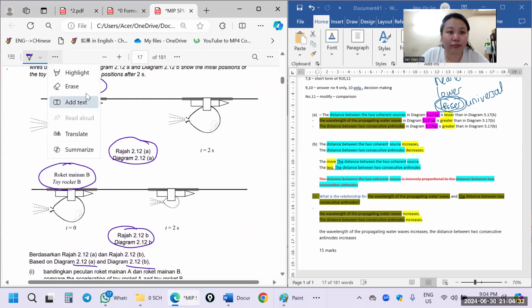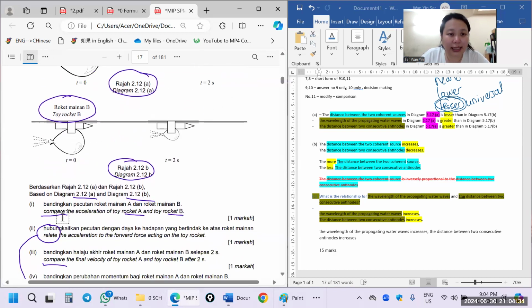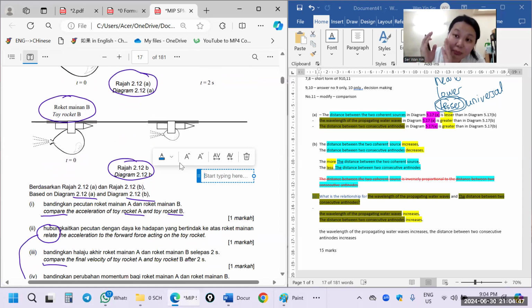Same thing, let's copy that. Normally, remember number 9 and number 10, if they don't have space for you to write, it means you need to write on test pad. Test pad, 9, 10, 11. 9 or 10 and 11 write on test pad. That's your essay.